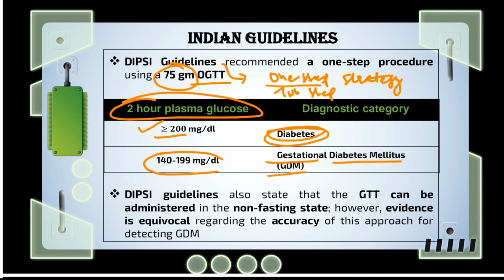The DIPSI guidelines also tell that the glucose tolerance test can also be administered in the non-fasting state, and the evidence of this non-fasting state GTT is equivocal. They are as accurate for the diagnosis of GDM.